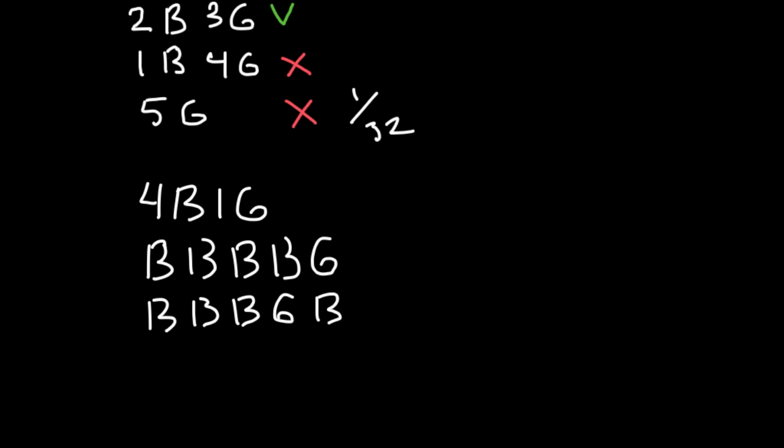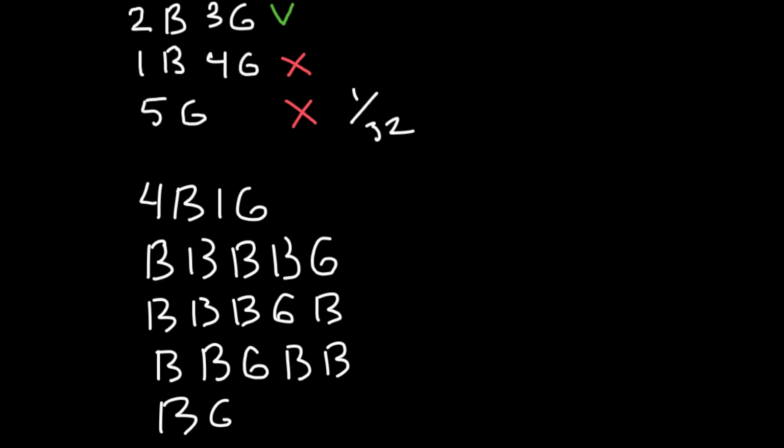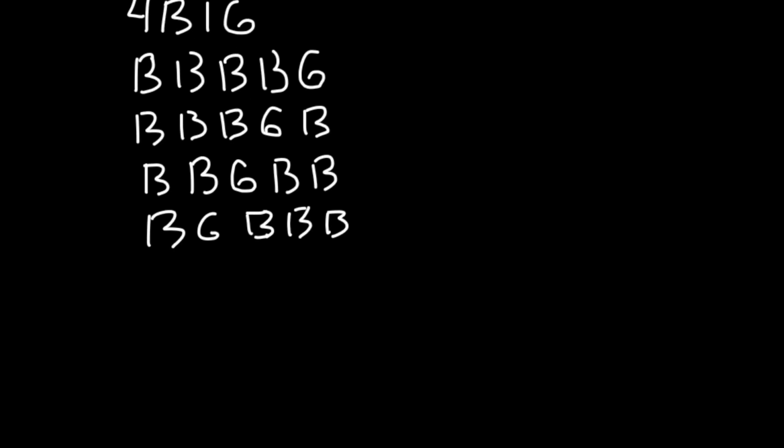And another variant would be a boy, a boy, third child a girl, then boy and boy. And another variant would be boy, girl, boy, boy, and boy. And the last variant would be the first child would be a girl, and then 4 boys.